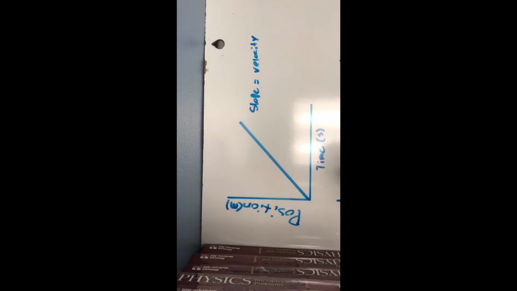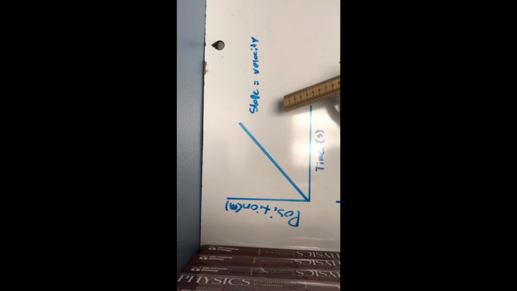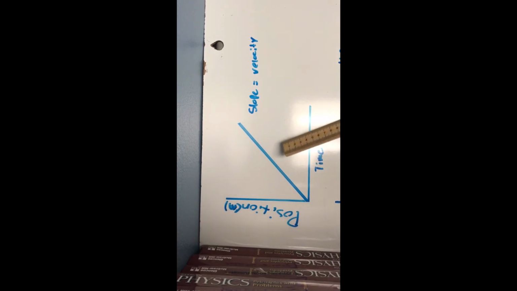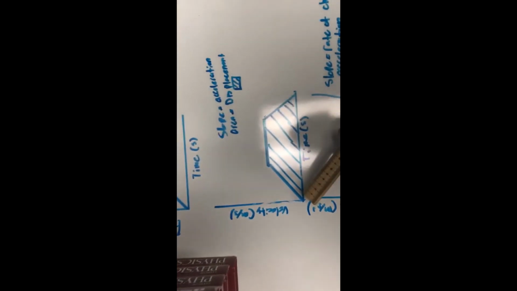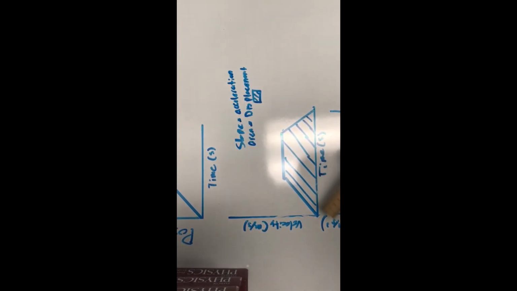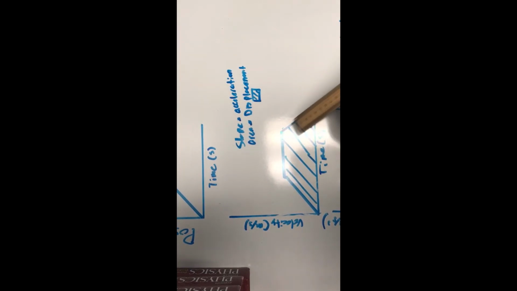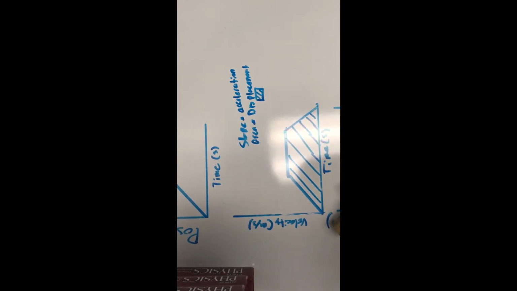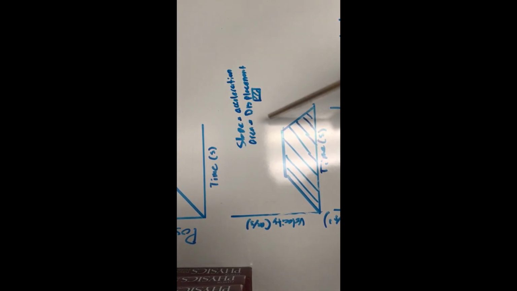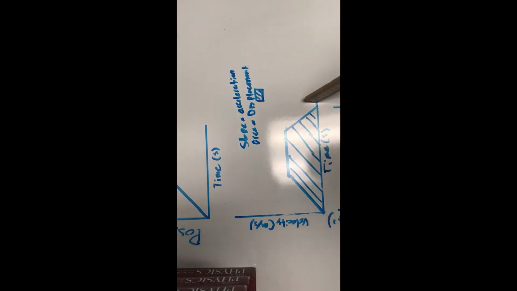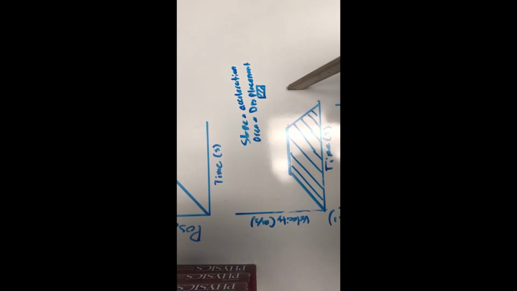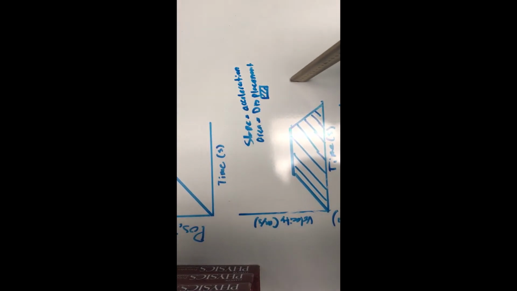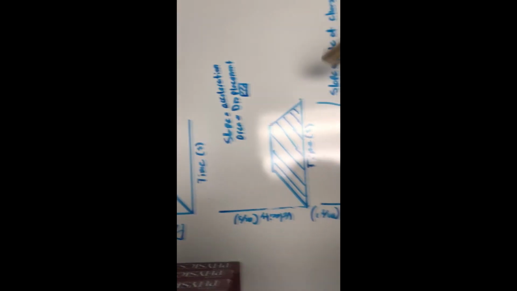This is a position versus time graph, and the slope can tell you the velocity. Right now the velocity is constant because it goes up at a constant rate. This is a velocity versus time graph. The slope tells you the acceleration at a certain point in time, and the area between the slope and the x-axis shows you the displacement, so the total position related to the direction.